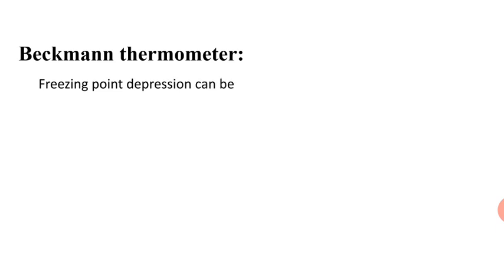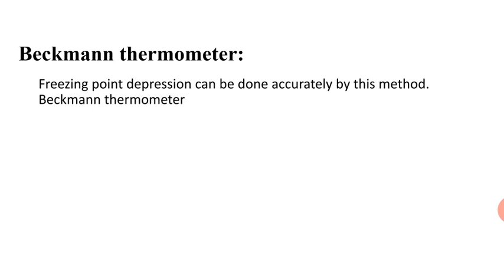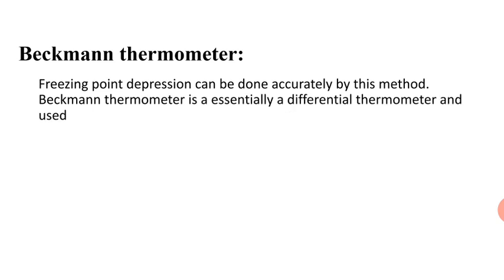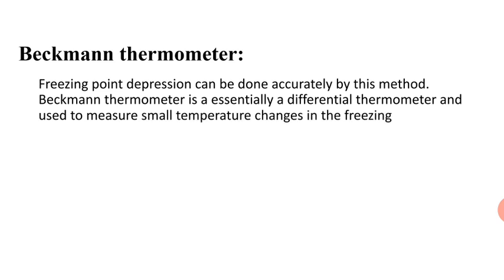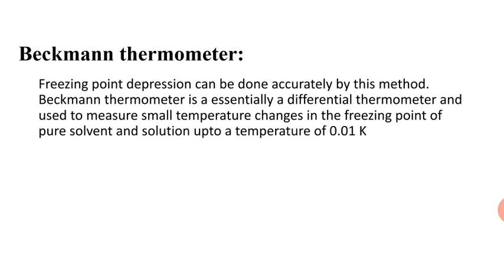Freezing point depression can be determined accurately by this method. The Beckman thermometer is essentially a differential thermometer and is used to measure small temperature changes in the freezing point of a pure solvent and solution up to 0.01 Kelvin.